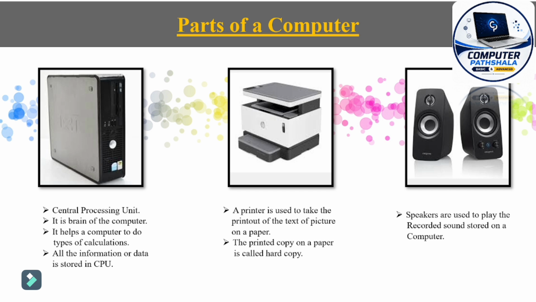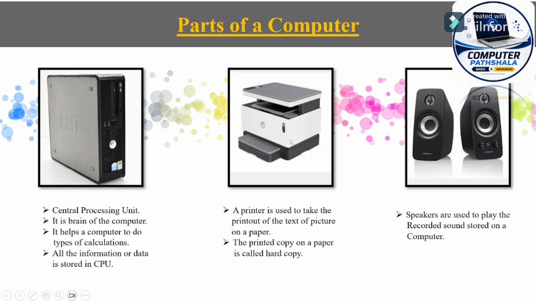So it processes all the instructions and performs calculations also. That means it is basically used to control. It has controlling power. It is used to control all the activities of the computer and help different other parts to work together.